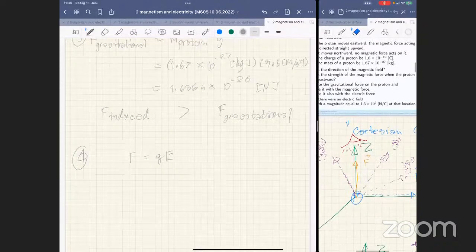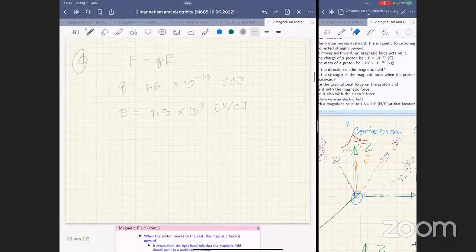Q, of course, we know Q is 1.602, right, times 10 to the negative 19 coulomb. And E, the electric field, is known as 1.5 times 10 to the 2 Newton per coulomb.